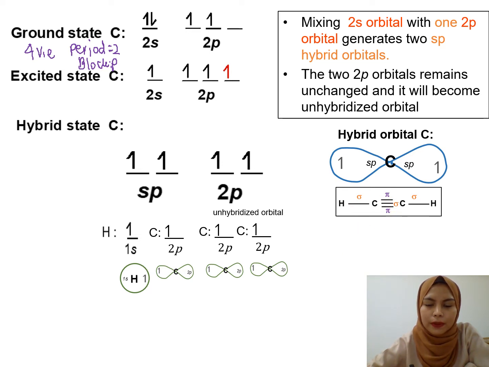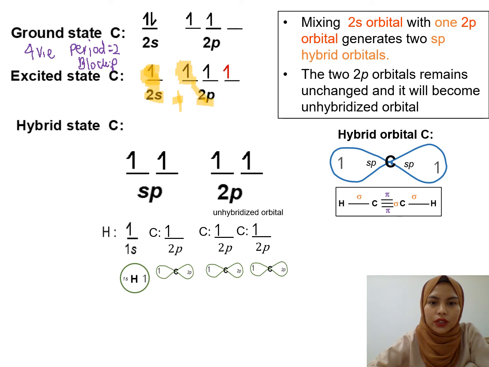Okay, therefore the hybrid orbital dia akan terjalin bila satu elektron dekat orbital 2s ni campurkan dengan satu elektron di orbital 2p. Okay, satu campur satu, you will get 2 hybrid orbitals sp.